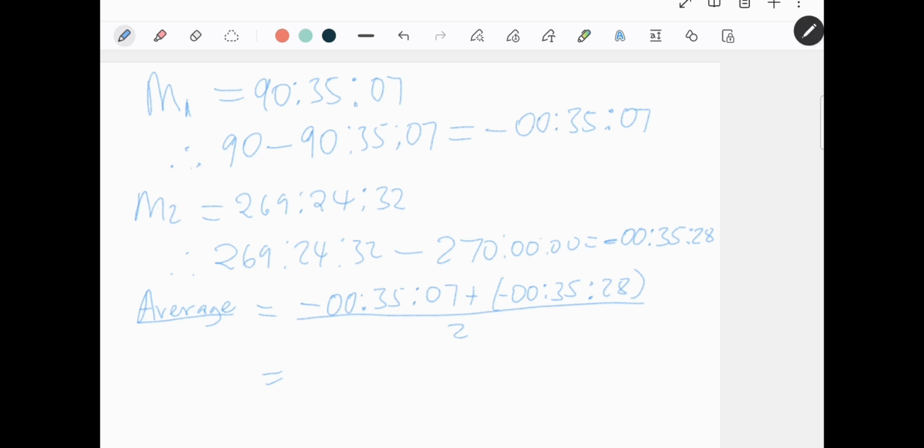Okay, so we have negative 0, 0, 35, 18. I hope I pressed this correctly. That's the number that we are getting. This is our reduced vertical angle for M.